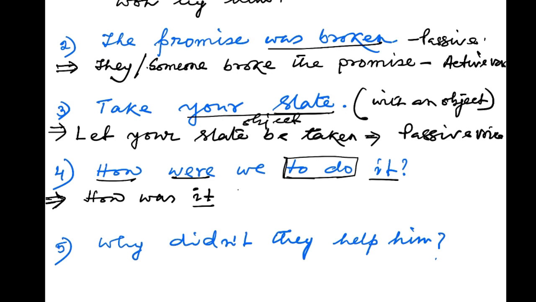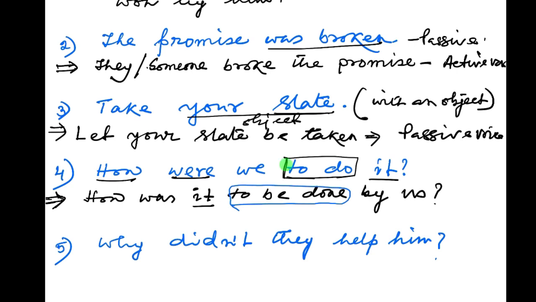The active voice will be changed into to be done in passive voice. So how was it to be done? How was it to be done by us? To be done, this one.